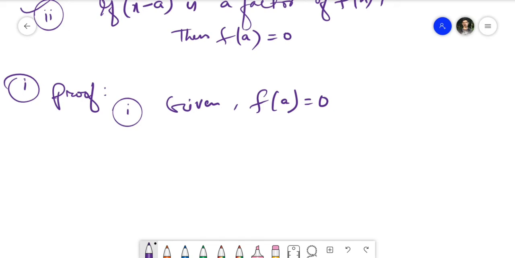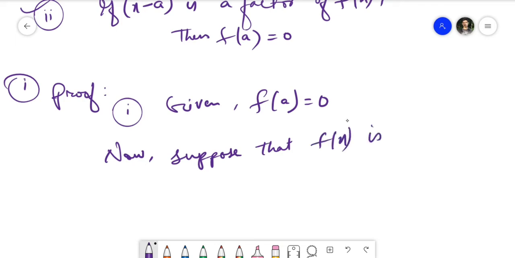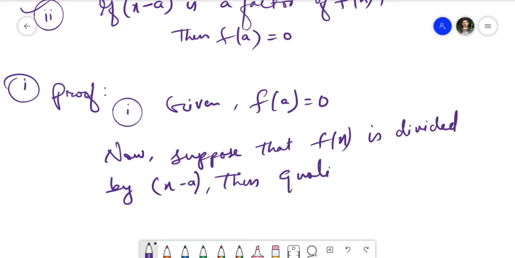Now suppose, for your understanding, that f of x is divided by x minus a. Then the quotient, let us suppose, is g of x, whatever we call it. So we got the quotient g of x.